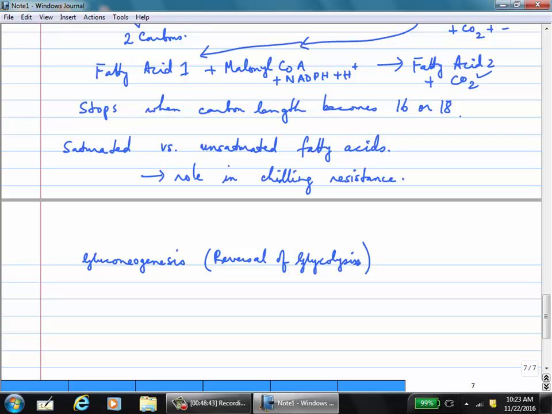PEP, phosphoenolpyruvate, the step above the pyruvate kinase reaction, right? And you can do that because just like PEP could go to OAA, like I showed you, it would go to OAA, then to malate, and then move to the mitochondrion. Same way, malate could leak out of the mitochondrion, come out, get converted to OAA. And you'd have to have an enzyme that will take OAA to PEP and then drive glycolysis in the reverse direction.